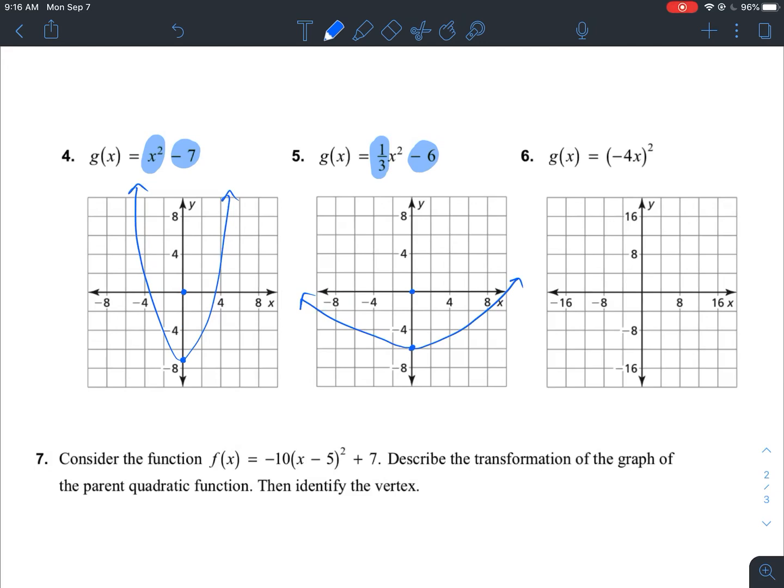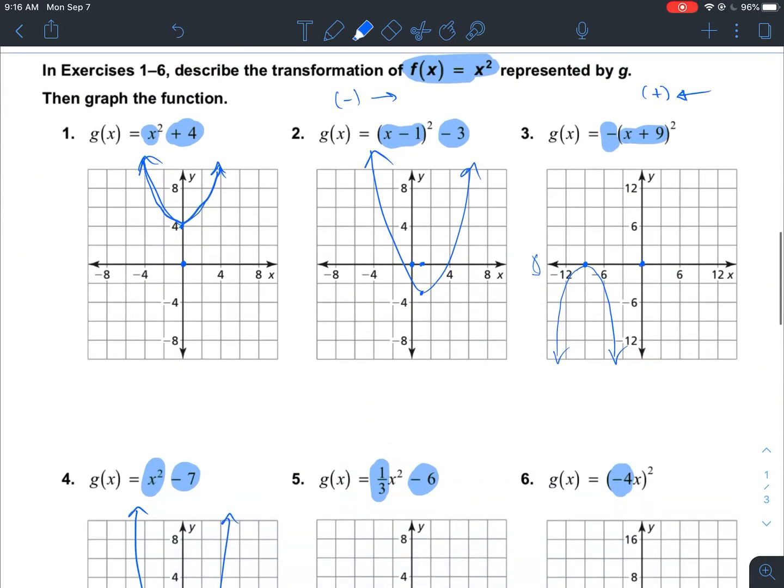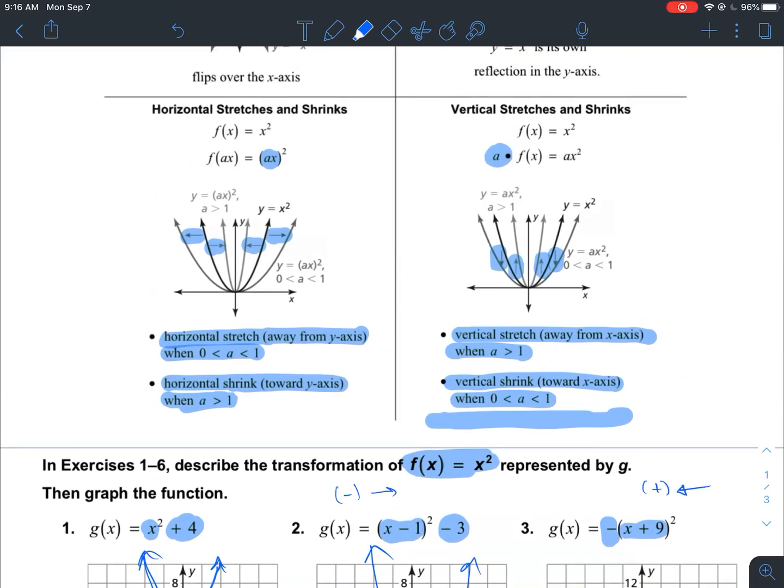Okay, so for number 6, the -4 is happening inside of our parentheses. So whenever it happens inside, that's horizontal. Our a is 4. We're not thinking about the negative, we're just talking about 4 right here. So a is greater than 0. And so that means we're going to shrink towards the y-axis.